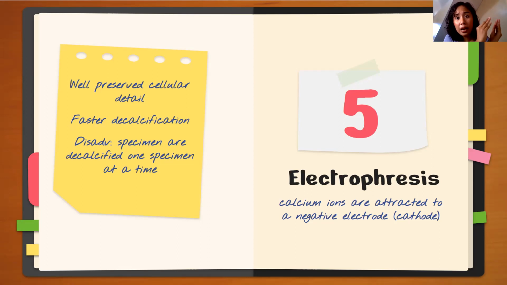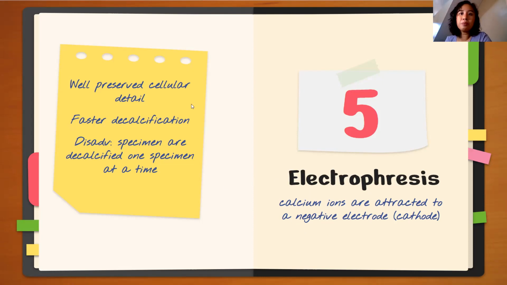Sa positive electrode pupunta yung mga negatively charged particles, 'di ba? So itong negative electrode ang na-attract niya positively charged. So 'di ba ang calcium plus 2. Yan. So it will migrate to your cathode.